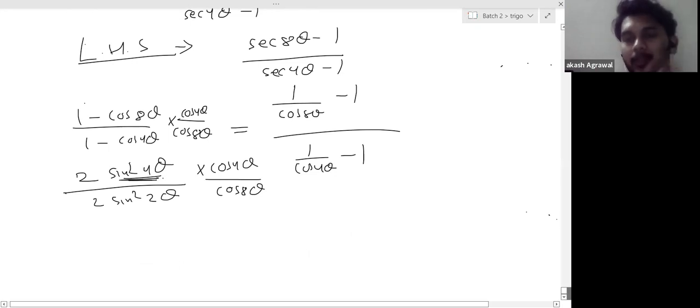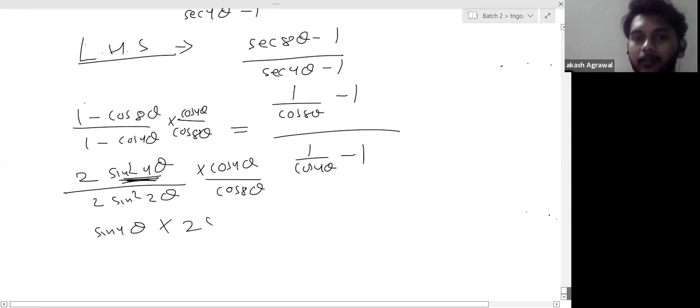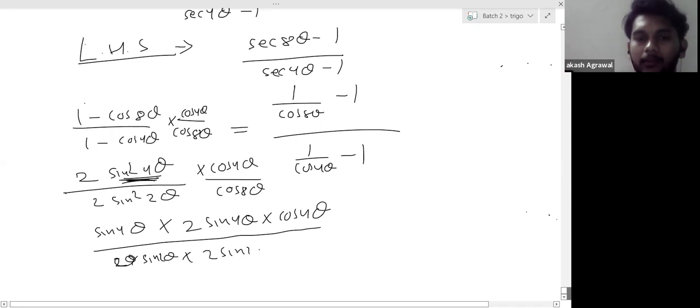That means you have to use the half angle formula in the reverse order. So taking sine 4 theta here, then writing 2 sine 4 theta into cos 4 theta whole divided by, here also we can do the same, 2 sine 2 theta into 2 sine 2 theta into cos of 8 theta.